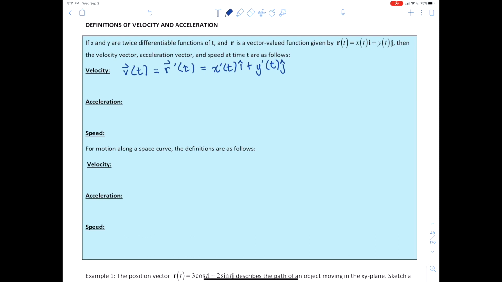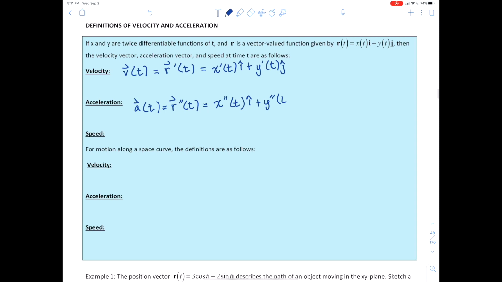Good so far? Awesome. Now the acceleration vector is going to be denoted by a(t). So a(t) will equal r''(t), or the first derivative of the velocity vector, right? Which would equal x''(t) times i plus y''(t) times j.